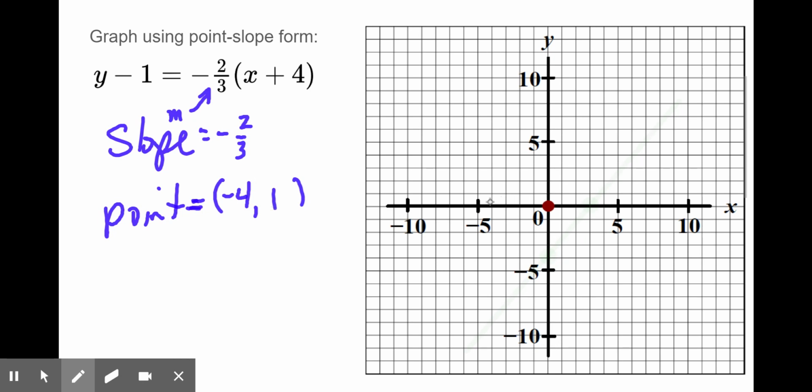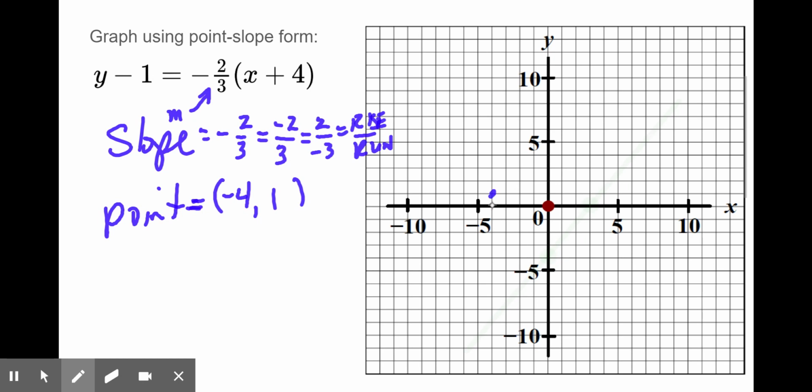So we're going to go 4 over to the left, 1 up. And now my slope is negative 2/3. So I can either write negative 2 over positive 3, or I could write positive 2 over negative 3. You can do it either way. But again, you can't have a negative on both. So we're going to do rise over run.